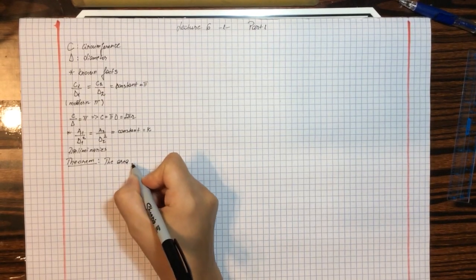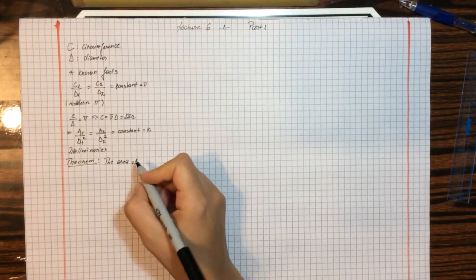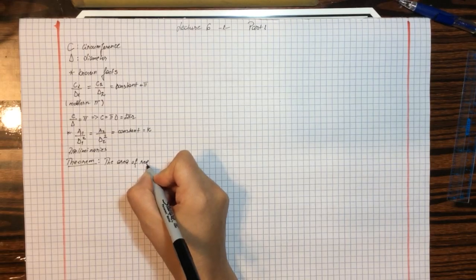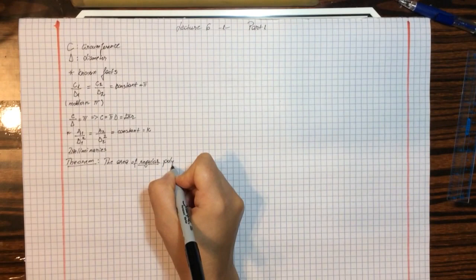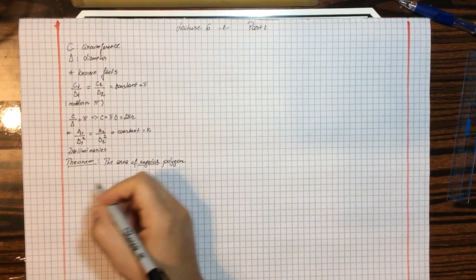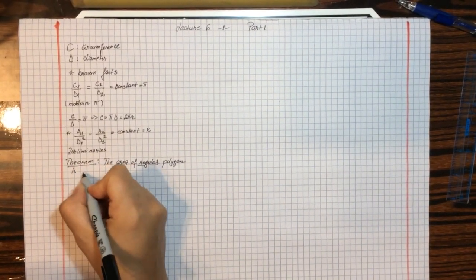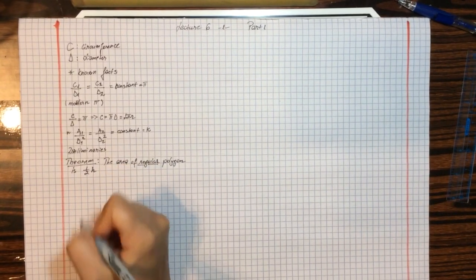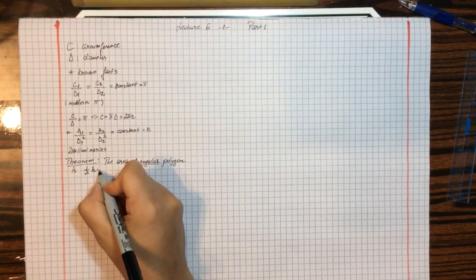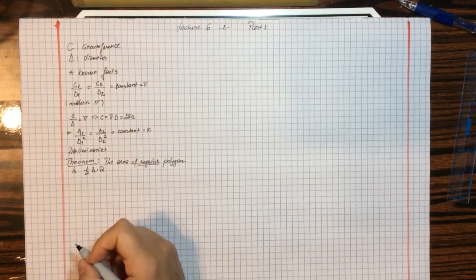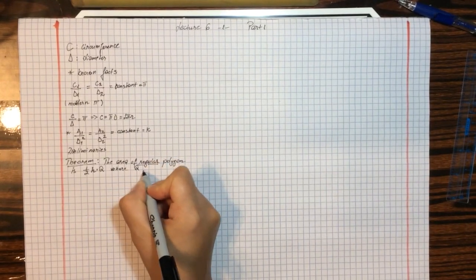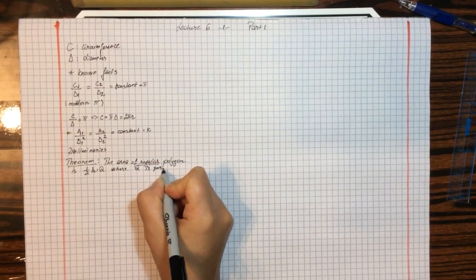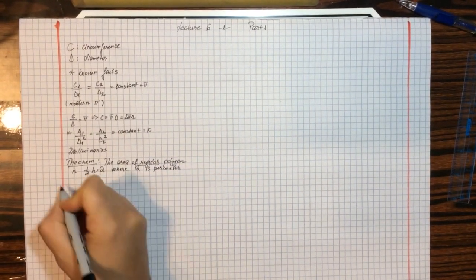So the area of a regular polygon is half times the height times q, where q is the perimeter of the polygon.